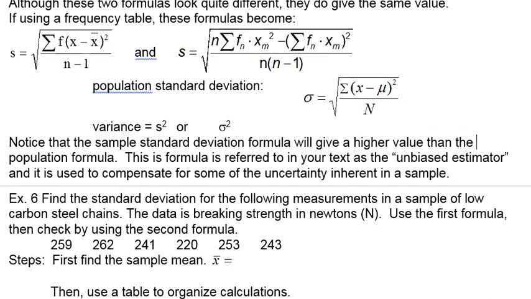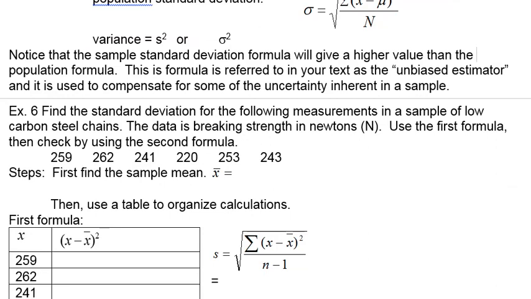So let's take a look at an example. And as I mentioned, we're going to do it using each formula. The first formula is the one with the sum of (x minus x bar) squared divided by n minus 1. So if we have our set of data, the first thing we need to do is take this data set and calculate the mean.